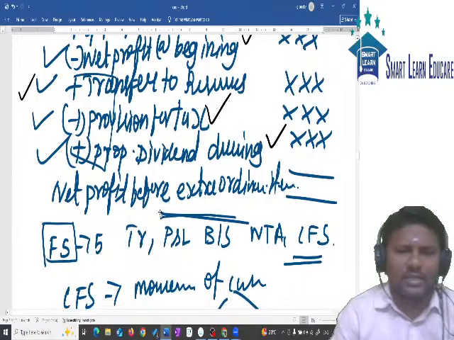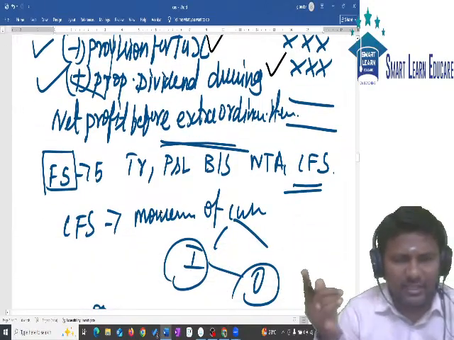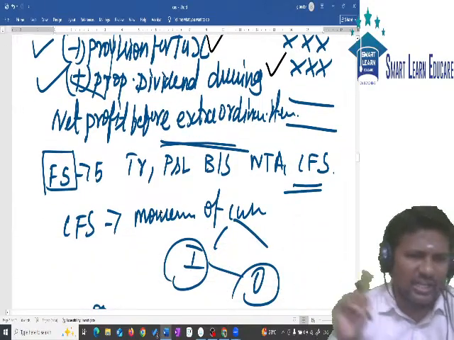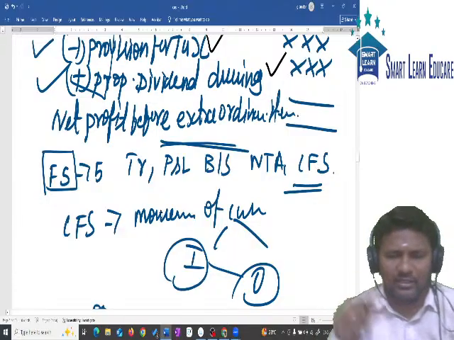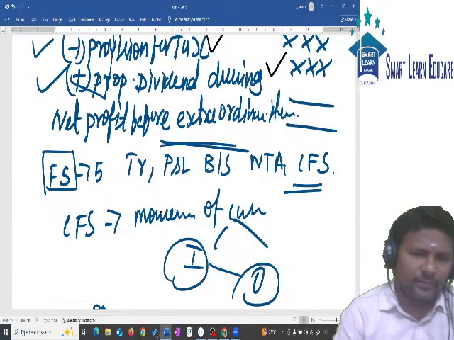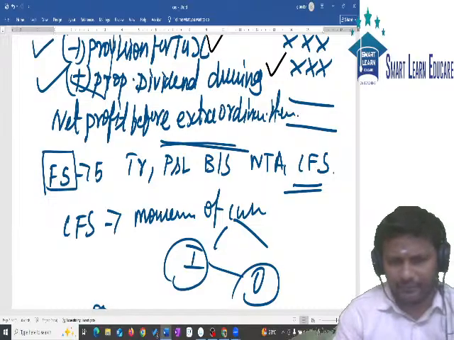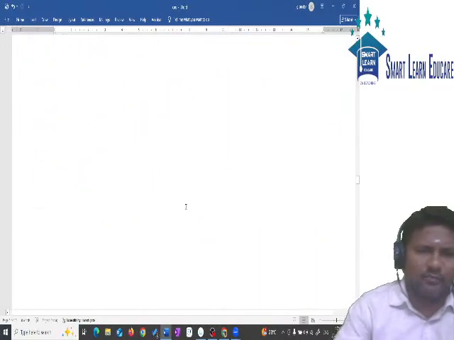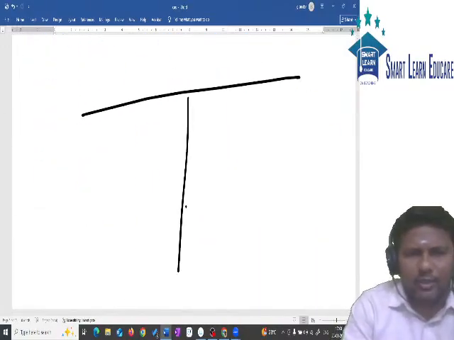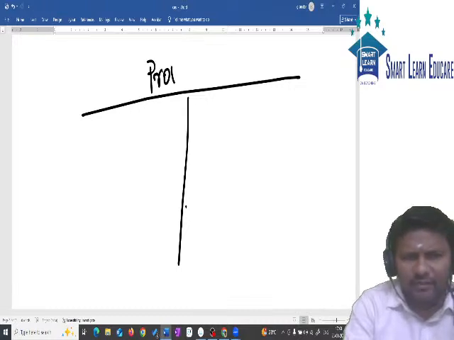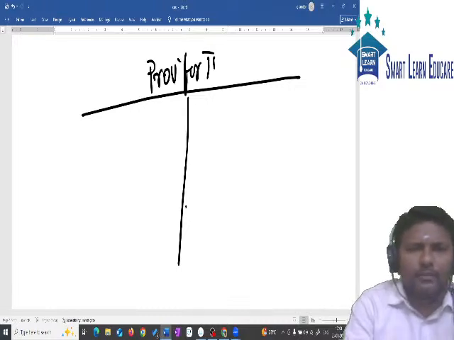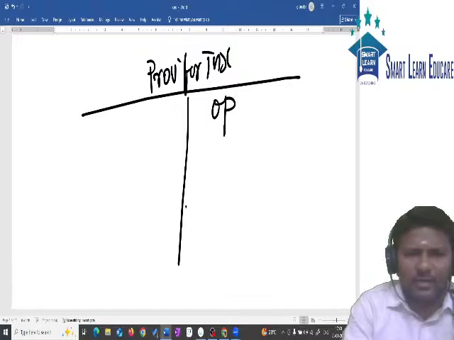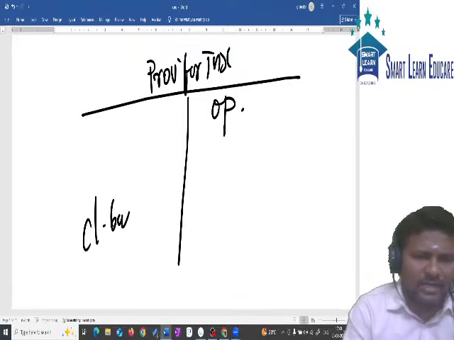Relating to provision for tax, always remember previous year provision is paid in the current year. Current year provision is created in the current year; the closing balance in the provision is created in the current year. For example, assume we have a provision for tax account. In provision for tax, we have first opening balance and also we have closing balance.